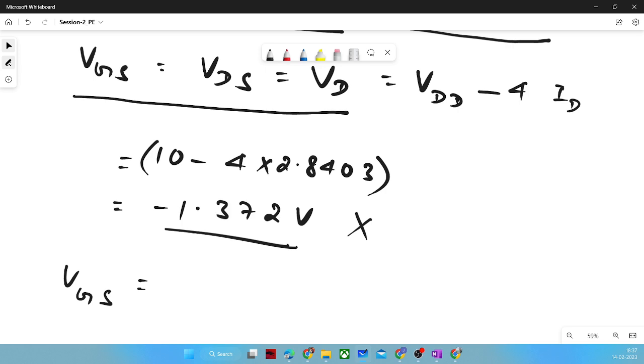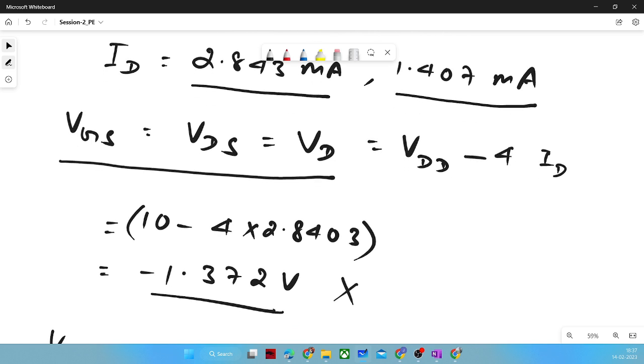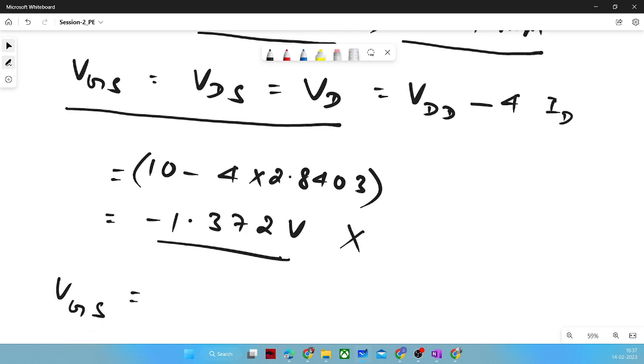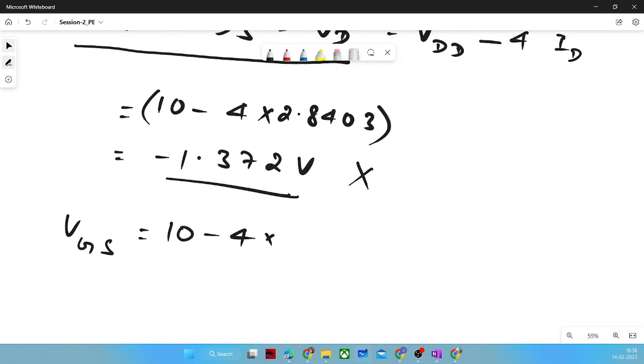Yeah, you are correct. So just for the sake of verification, we will take another value and find out what the value of VGS is. So 10 minus 4 into 1.407, and it is going to come out to be 4.372 volt.